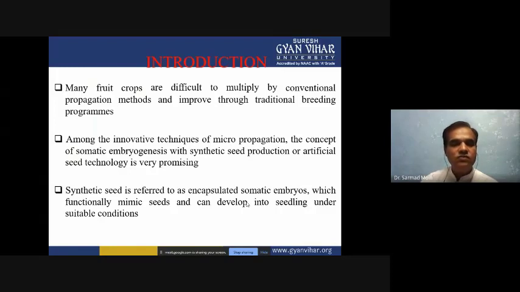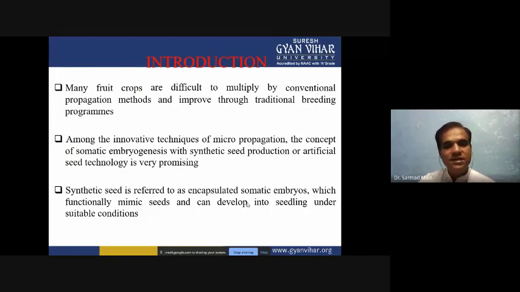Whenever we have demand in the market, we can take these artificially synthesized somatic embryos, or encapsulated somatic embryos, out from the storage, and then put these seeds in suitable conditions or suitable media so that they can germinate and propagate the way seeds develop into a plant in natural conditions. Likewise, we can develop these synthetic seeds.